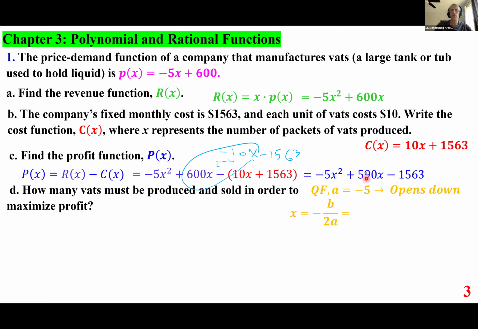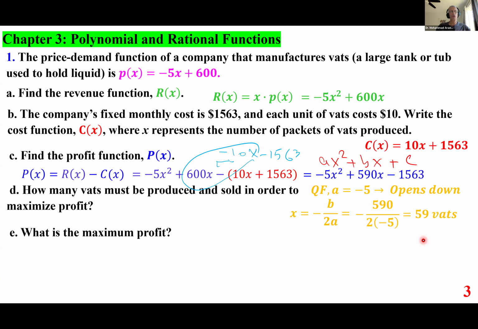Remember, ax squared plus bx plus c is the standard form of writing a quadratic function. So a is negative 5, b is 590. So the vertex occurs at x equals minus 590 over 2 times negative 5, and we get 59.